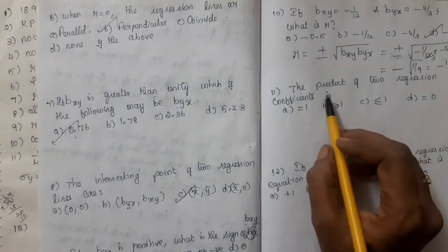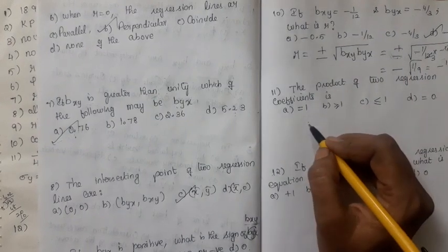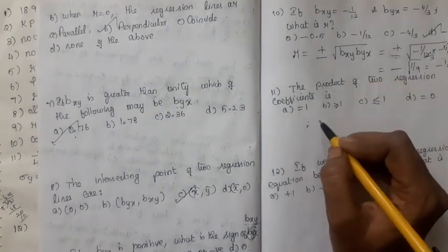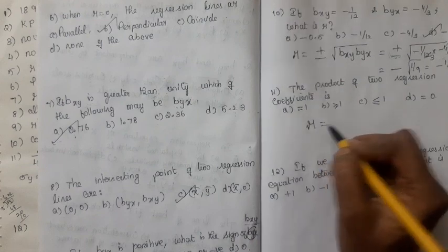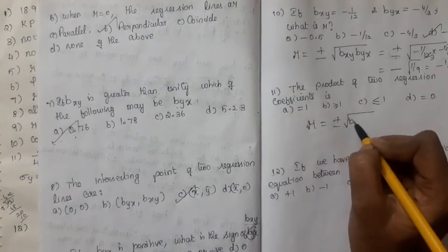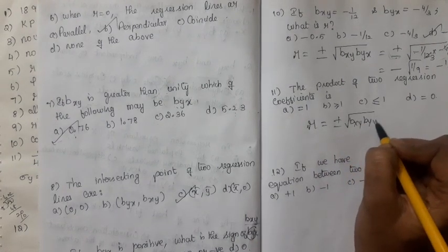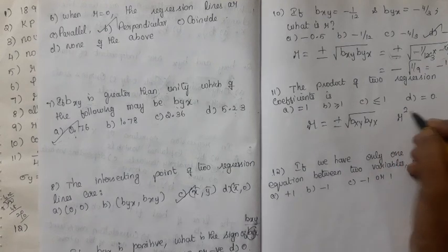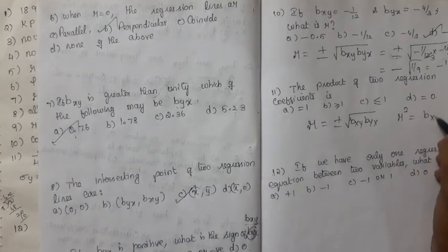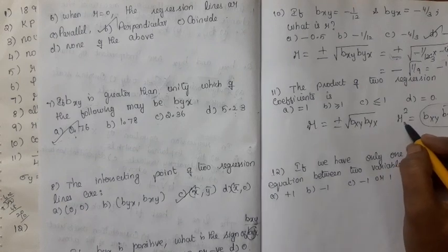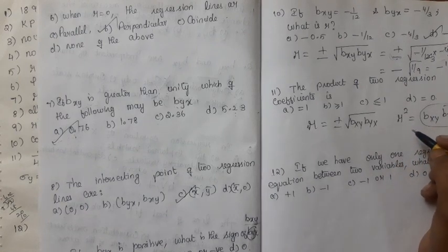The product of two regression coefficients. What is the product of two regression coefficients? See, r is equal to plus or minus square root of bxy into byx. Square the equation on both sides, you get this. If you multiply two regression coefficients, you are going to get the square of the correlation coefficient.